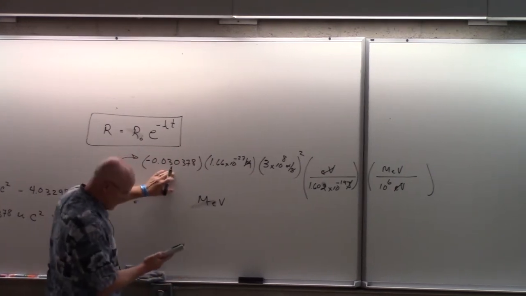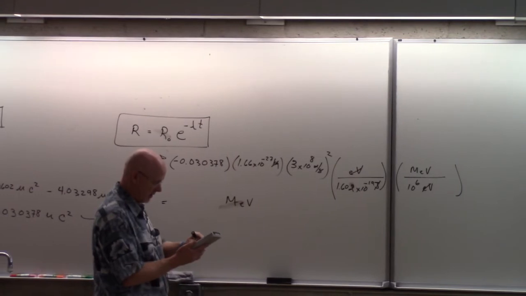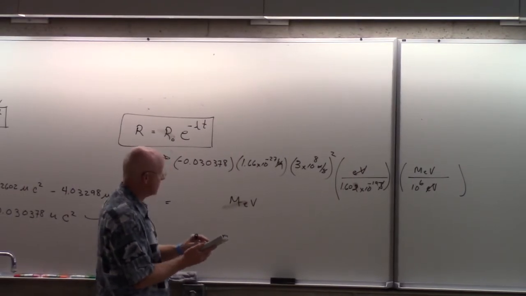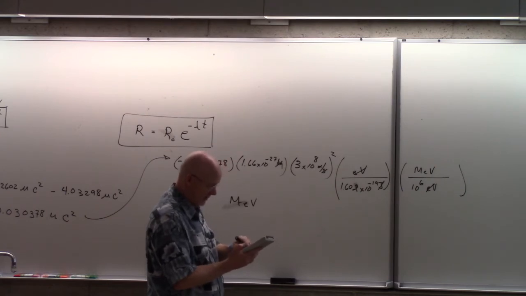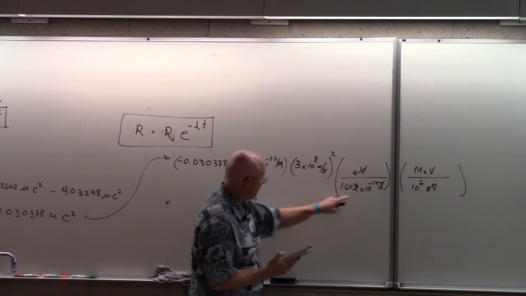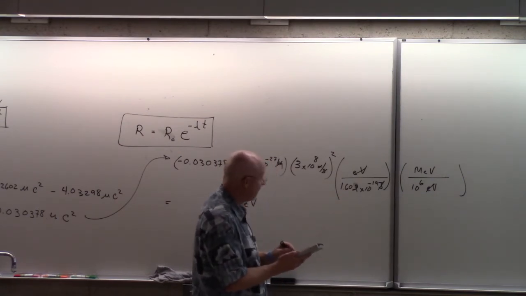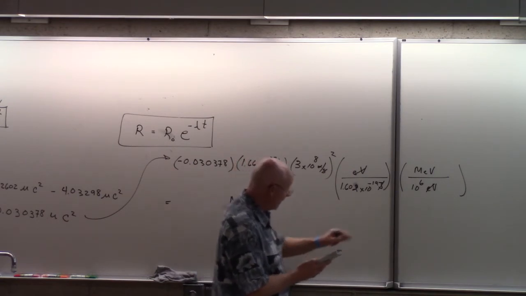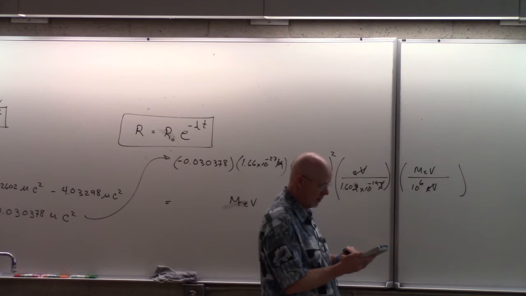Okay, so this number is still in my calculator, so I'll just go times 1.66 times 10 to the negative 27. This number is 3 times 10 to the 8th, and I will square it. I will then divide it by 1.602 times 10 to the negative 19. And then the last step, I'll divide it by a million.